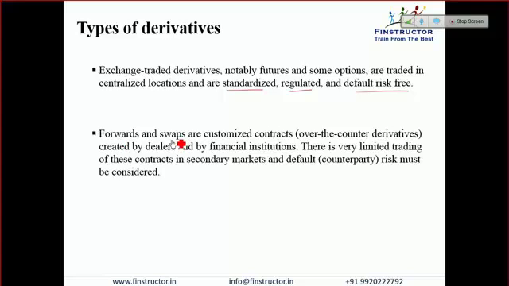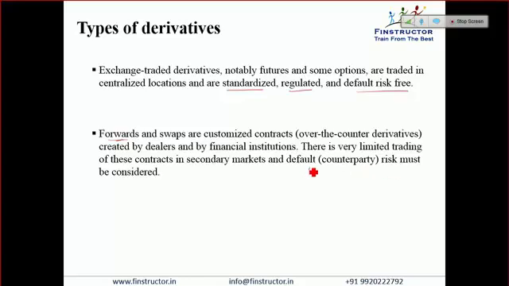Forwards and swaps. The forward, as we just studied, so this was an example of a forward agreement previously, and swaps that we will study are customized contracts. That is, these are over-the-counter derivatives created by dealers or by financial institutions. There is limited trading of these contracts in the secondary markets, and default risk must be considered.